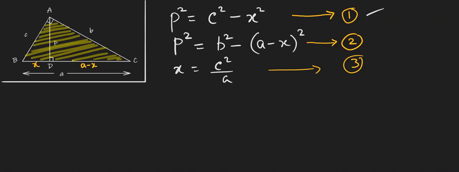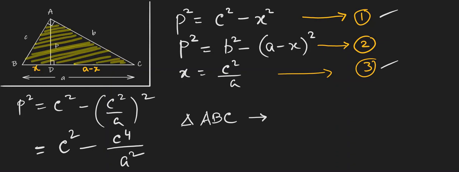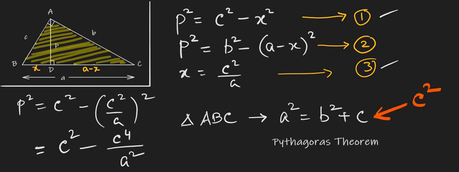Now from equations 1 and 3 we get P square is equal to C square minus X square, and X is C square divided by A. So X square would become (C square divided by A) whole square. Or this is equal to C square minus C to the power 4 divided by A square. But we know that in the right angled triangle ABC, A square is equal to B square plus C square according to Pythagoras theorem.